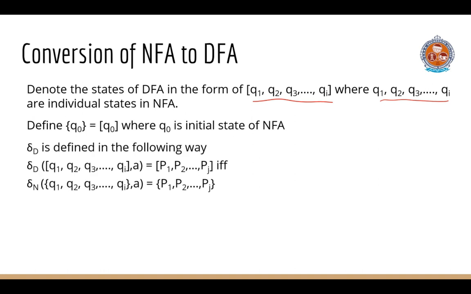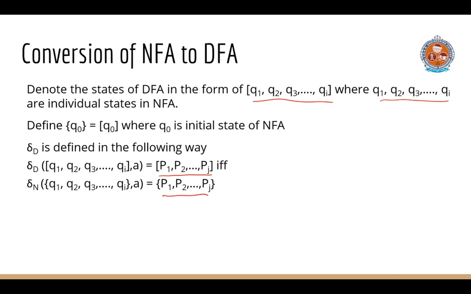Delta D of [Q1, Q2, Q3, so on, Qi] comma a is equal to [P1, P2, so on, Pj] if and only if delta N of [Q1, Q2, Q3, so on, Qi] comma a is equal to [P1, P2, P3, so on, Pj]. It means the NFA for a single input symbol a goes to the states P1, P2, so on, Pj, and then the DFA also goes to the same state for the same input symbol.